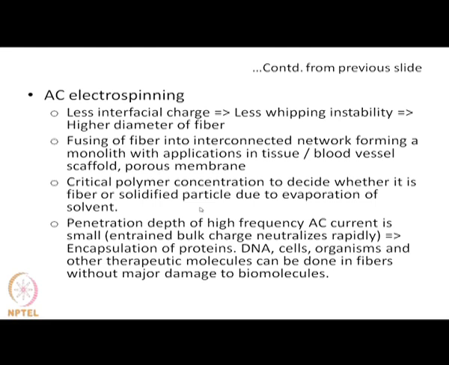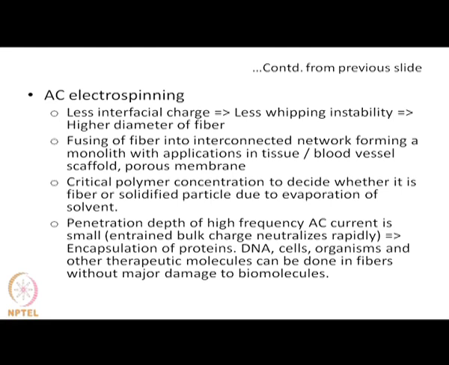The other issue here is penetration depth. In case of AC electrospinning that we are talking about here, unlike DC electrospinning, the penetration depth of high frequency AC current is small.